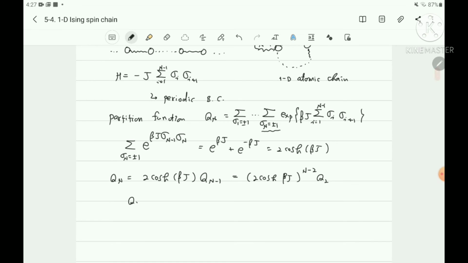Therefore, Q2 is the summation for sigma 1 equal to plus or minus 1 and sigma 2 equal to plus or minus 1 of exponential beta J sigma 1 sigma 2.